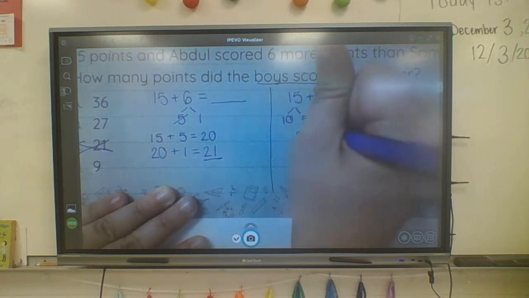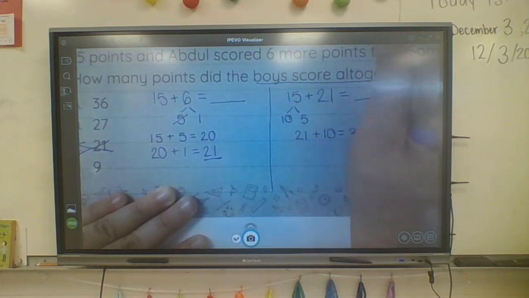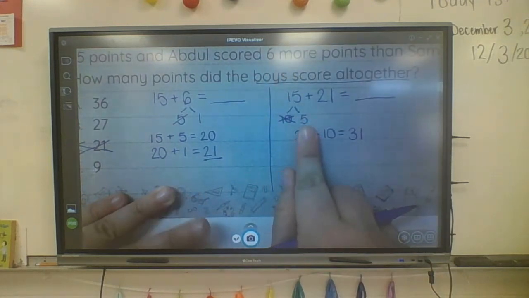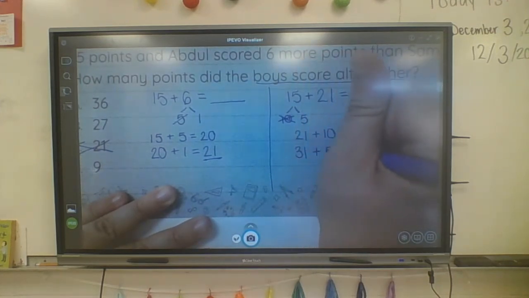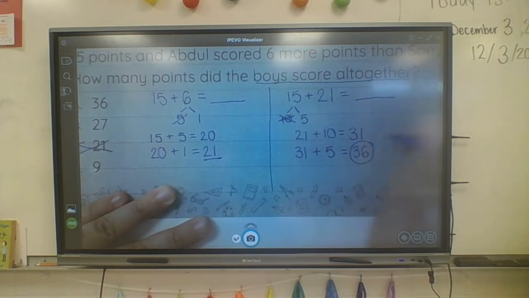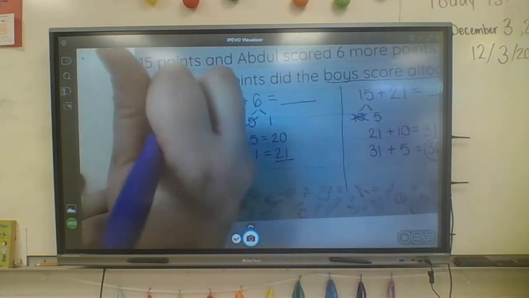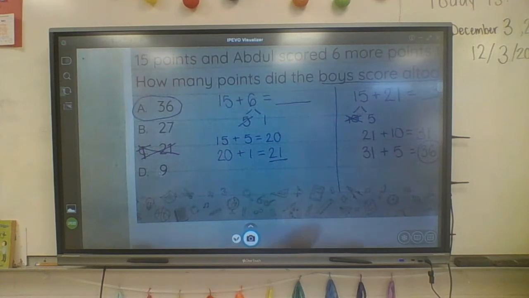So I'm going to keep 21 the same, and I know that I can add 21 plus 10 to give me 31. Now I need to add 5 more to my 31, and 31 plus 5 equals 36. And 36 is my answer choice A, which would be my answer. So that's the strategy of decomposing.